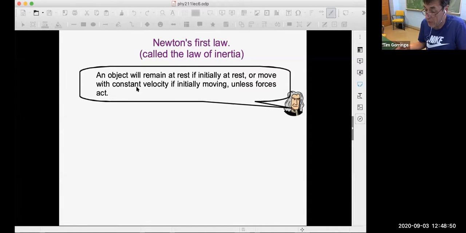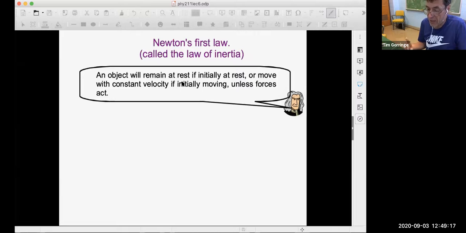So here's a statement of the law. This is Newton over here on the right, and this is what he said: an object will remain at rest if it's initially at rest, or an object will move with constant velocity if it's initially moving, unless forces act. So this is a statement about the situation for objects if there are no forces acting.